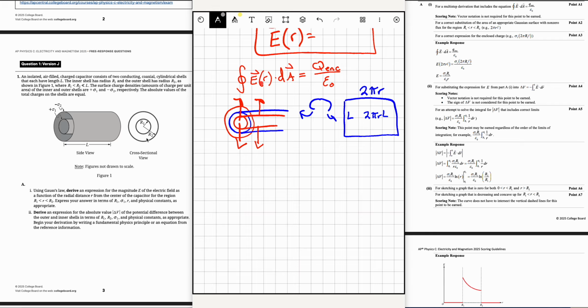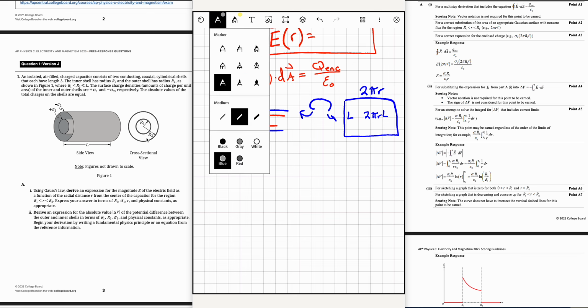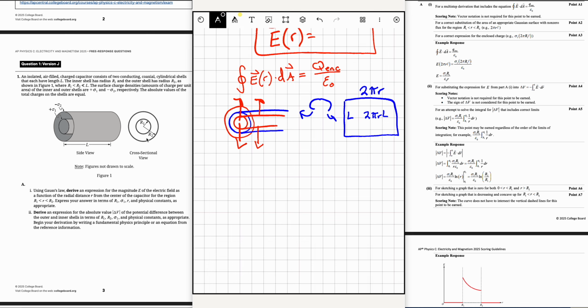Since the electric field is constant and it's not dependent on the area of our Gaussian cylinder, we can simply pull it out of the equation. This is where some people get a little bit confused because this is a constant, so we can pull it out. It's independent of our area and just take the integral dA, which is simply equal to the area.